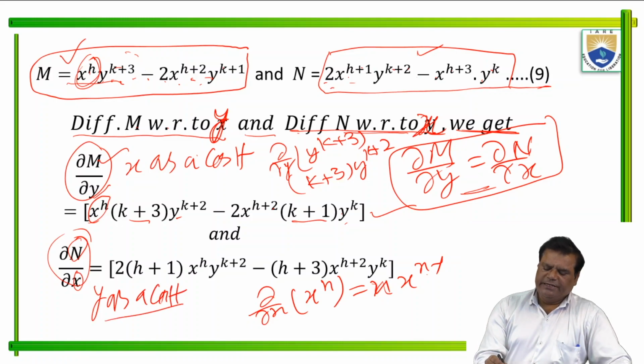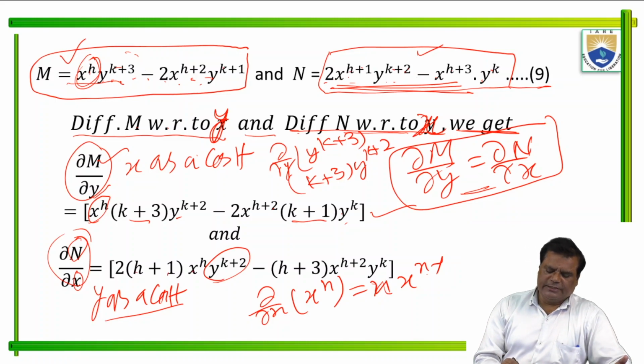So now differentiating this function N with respect to x, y keeping constant. No change in the function of y, only the function of x is changed. Using the differentiation formula, y is constant (k plus 2), I am keeping this constant and differentiating x to the power h plus 1 with respect to x.